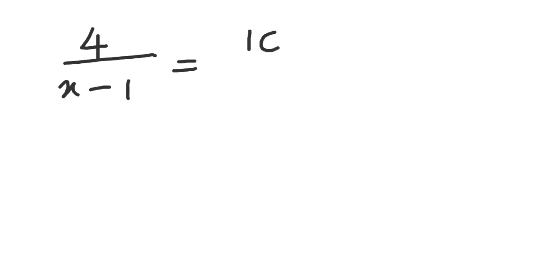Okay, next one. We'll take a different one. 4 over x minus 1 equal 10 over 3x minus 1. Now, in this case, children, you have two fractions, one on the left-hand side and one on the right-hand side.